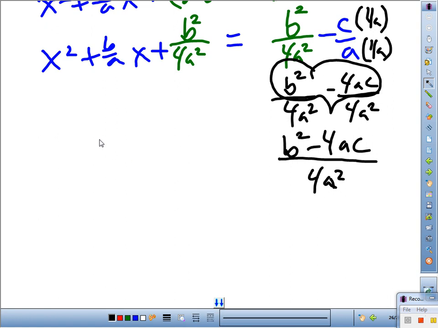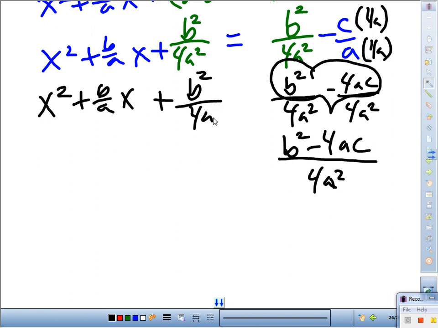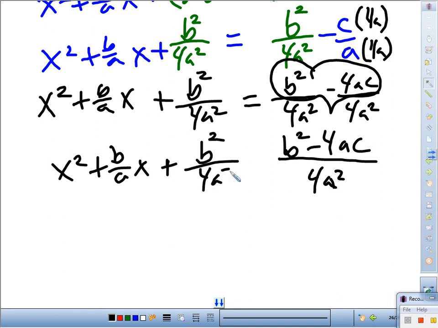So I write x squared plus b over ax plus b squared over 4a squared equals that. All right. Next step. Step number 5. Factor.